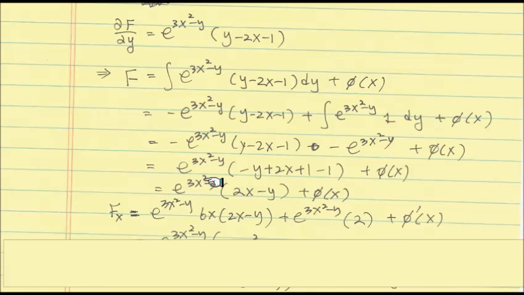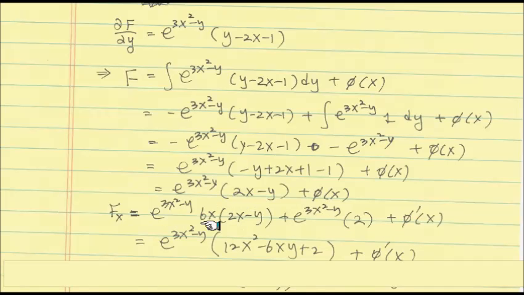If you do the differentiation, 6x picks up, the derivative of 3x squared. When you differentiate that one, it's just 2 with respect to x. So that's what we have. I simplify that because this exponential part is always common. This picks up 12x squared, negative 6xy, and here's plus 2, and phi prime of x.